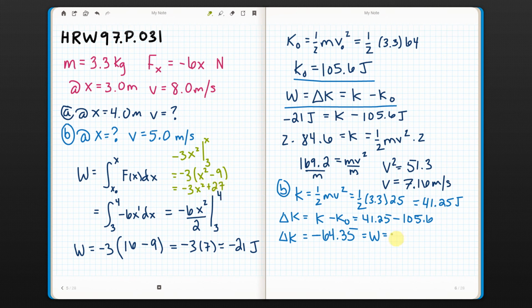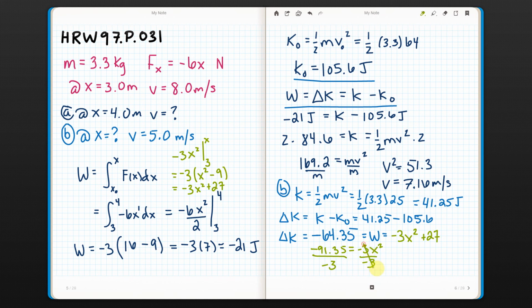So that goes over here. Negative 3x squared plus 27. Now it's time just to solve for x. So I've got a 27 over here. Let's move it over there. So that's minus 27 on both sides. And I end up getting negative 91.35 equals negative 3x squared, divided by negative 3.